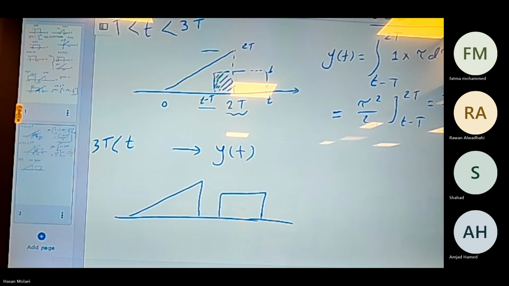there is no overlap. We multiply them together. For t smaller than 0, it would be 0.